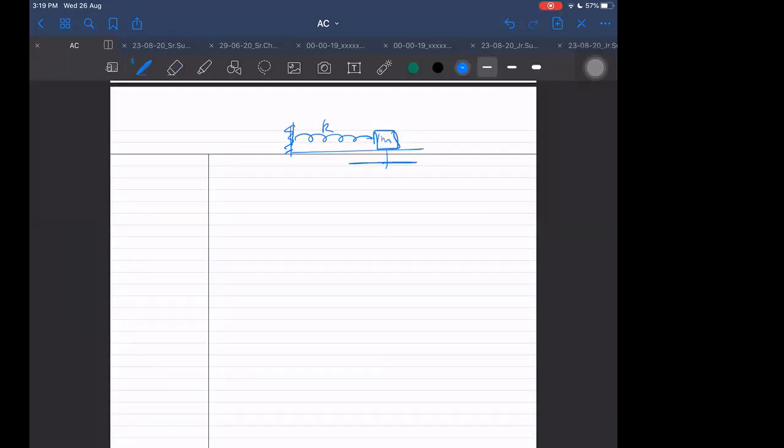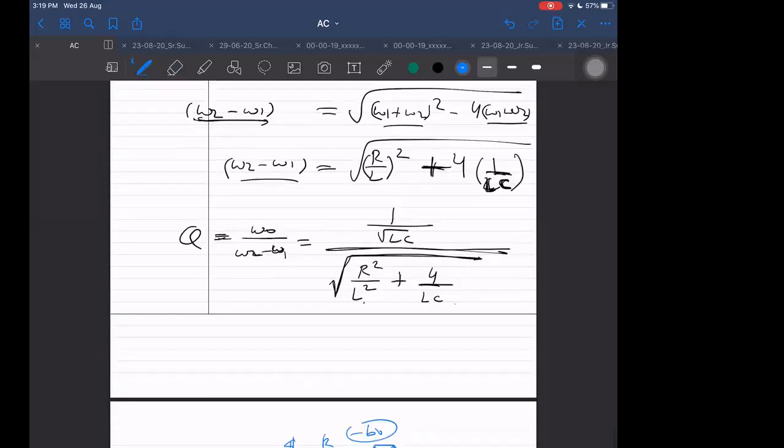R into root L. For this also we can define this quality factor, but can we write quality factor as R into root over C by L? Let me check once. If it is coming out to be equal to that, then that is also okay.